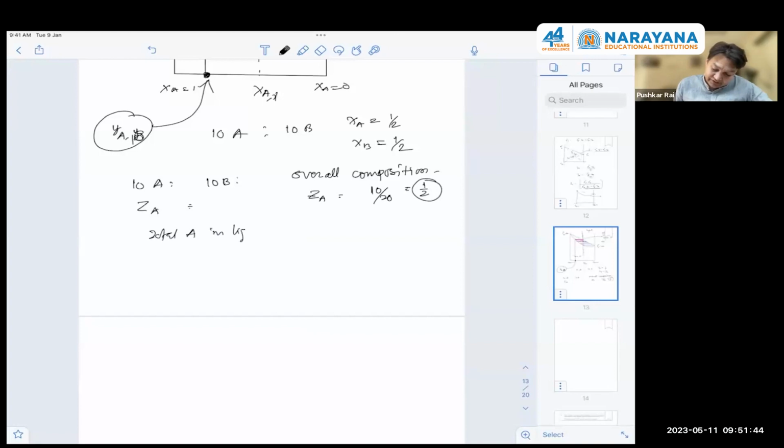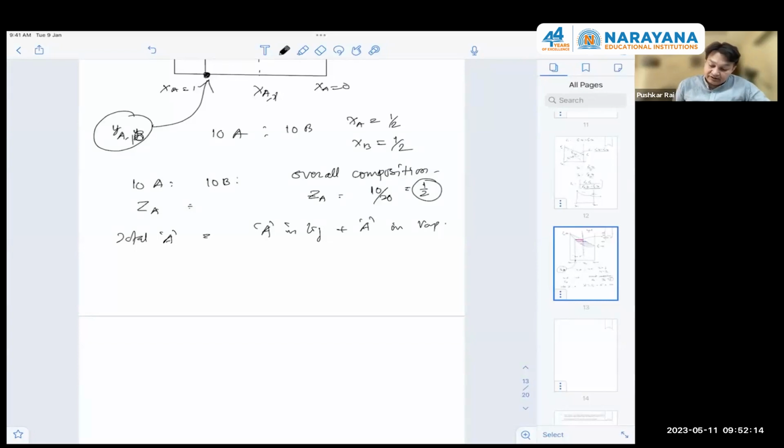Now it's a common sense thing that total A must be equal to total A in liquid plus A in vapor.